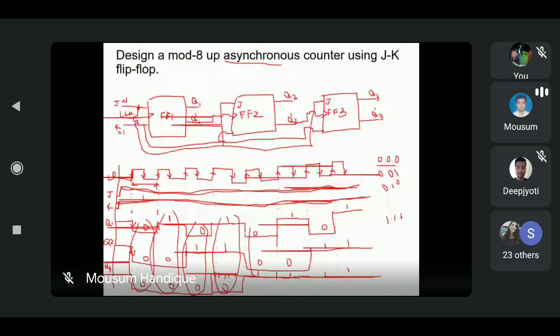So here, see how many flip-flops: 1, 2, 3. And when we apply the last clock pulse, what is the value? Q1 is 1, Q2 is 1, and Q3 is 1. So we are getting 111.